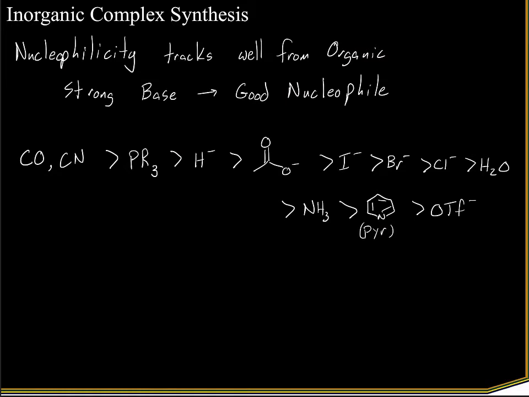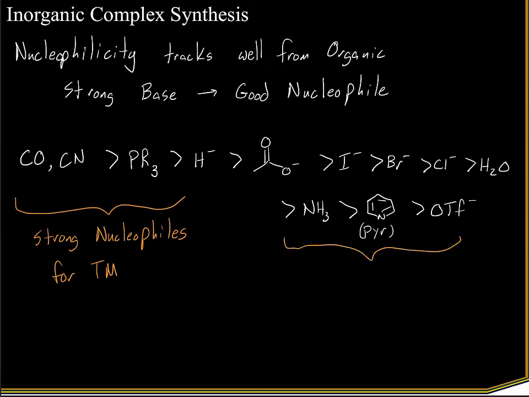And so we have this general list that describes things that are stronger nucleophiles for transition metals, down to the end of our spectrum, which are weaker nucleophiles for transition metals.